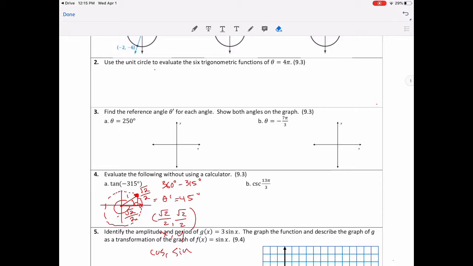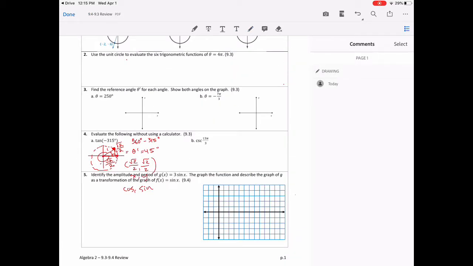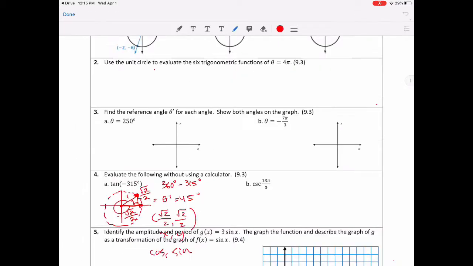Okay, cosecant of 13 pi thirds. Well, I know that 6 pi thirds is a complete revolution. Well, 12 pi thirds would be 2 complete revolutions.